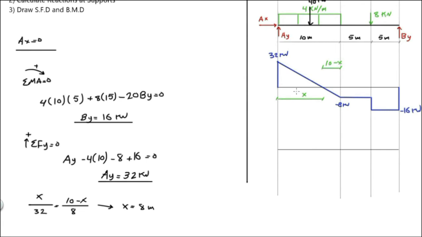Now we can calculate these areas since we have x equals to 8 and this equals to 2. So here 32 multiplied by 8 multiplied by half will give us 128.